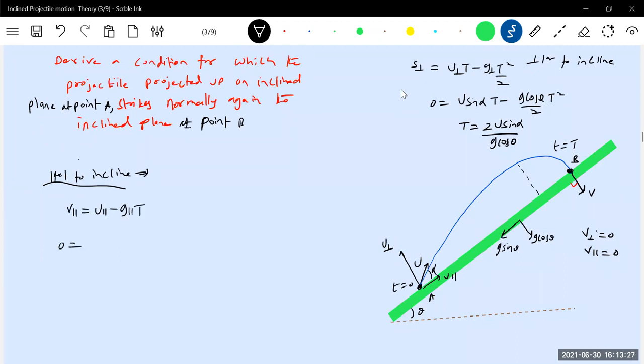This should be 0. u parallel is u cos alpha. g parallel is g sin theta, time of flight 2u sin alpha by g cos theta. Cot theta equal to 2 tan alpha.